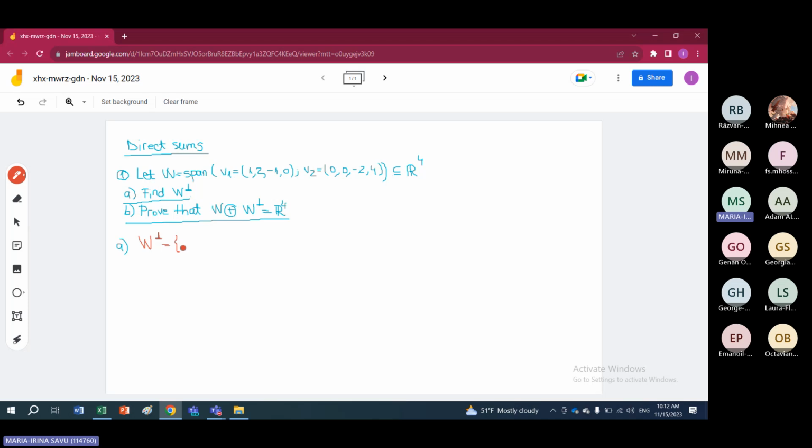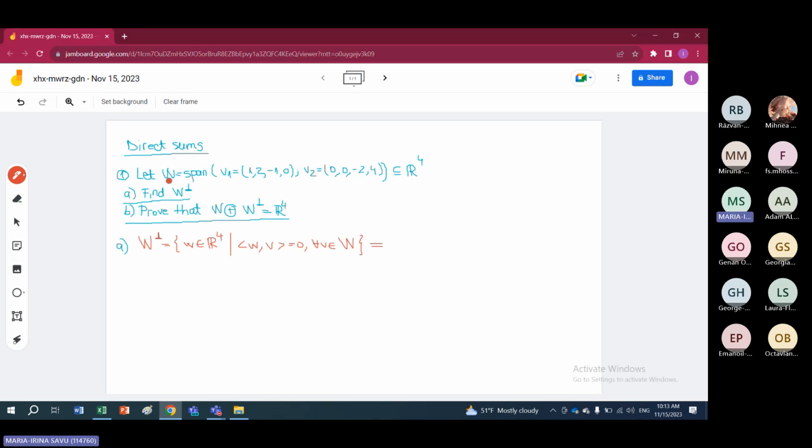Well, from the first and from the last seminar, this space is actually the space of all the vectors w in this space such that the vectors w are perpendicular to all the vectors v in the capital W. But do you need to compute the inner product between w and all the vectors from this capital W?